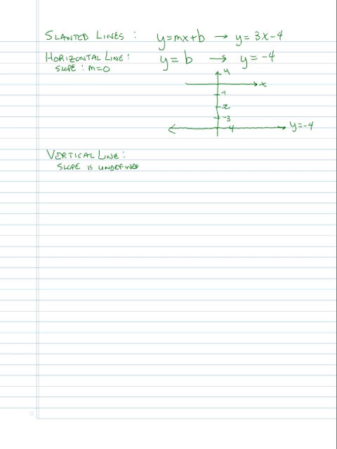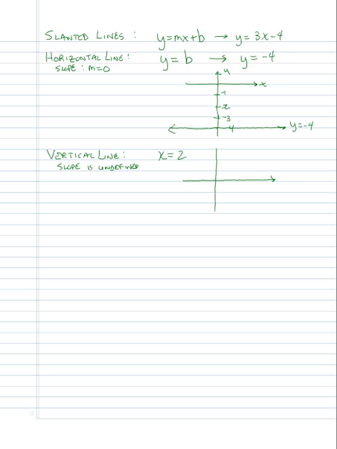But vertical lines are going to be, and I'm sure you recall this, of a form where we have only one variable, but the variable is x instead of y. So we might see something like x is equal to 2. Well, that represents a vertical line, and it's the vertical line that goes through the x value 2.